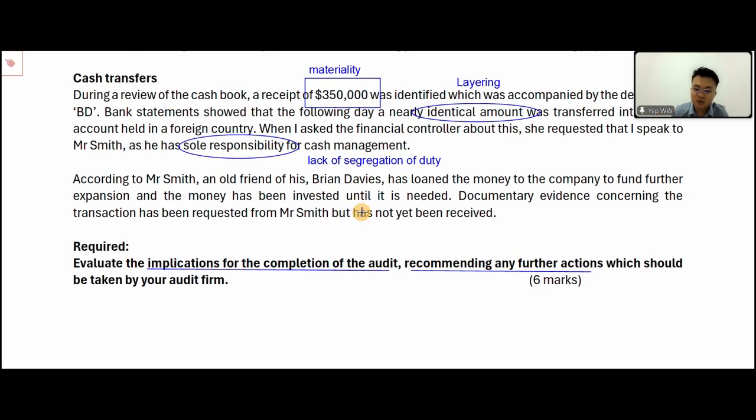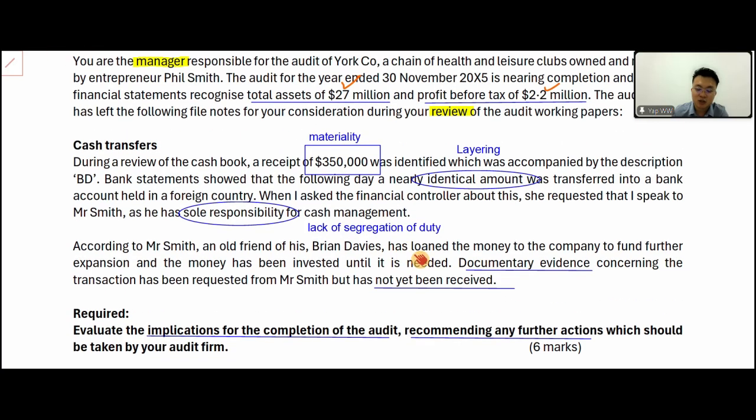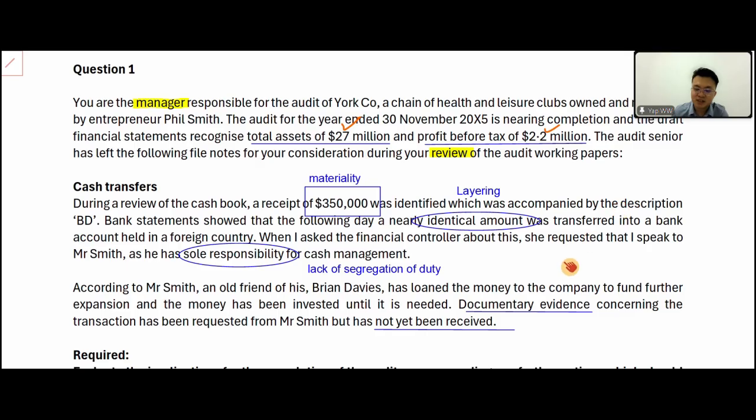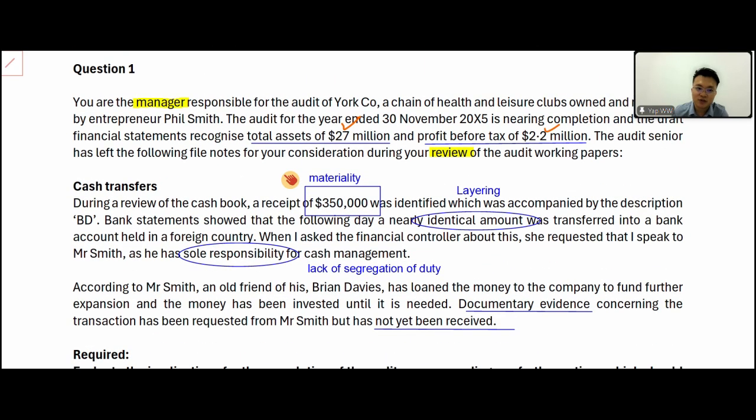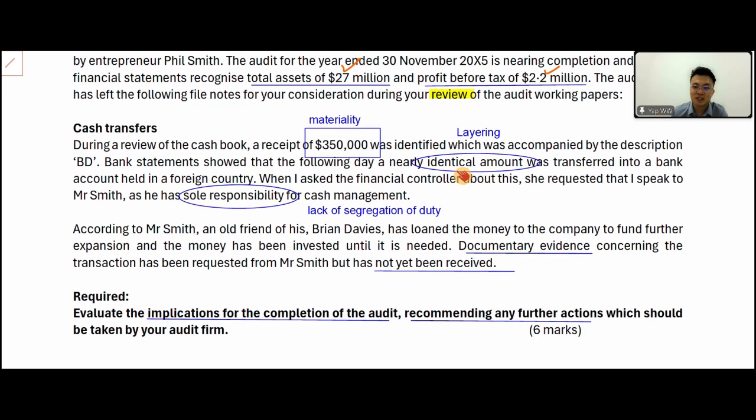The very first thing to do: the audit senior says audit documents not yet received. Do you think that this is not making sense? It's like the audit senior did the audit halfway, didn't finish, then submitted it for your review. The audit senior expects the audit manager to finish the work, isn't it? He just put in the notes that the documents haven't been received.